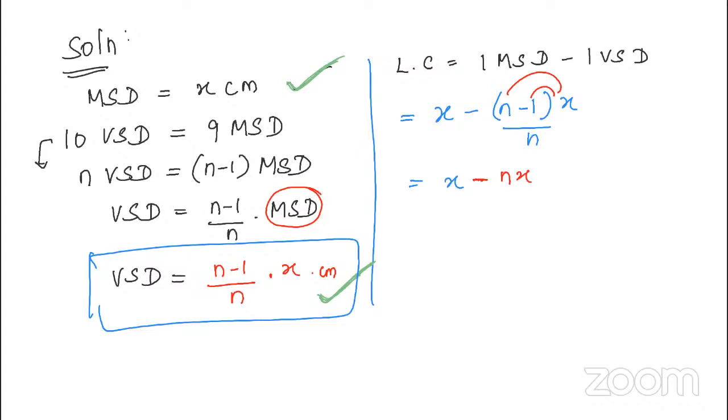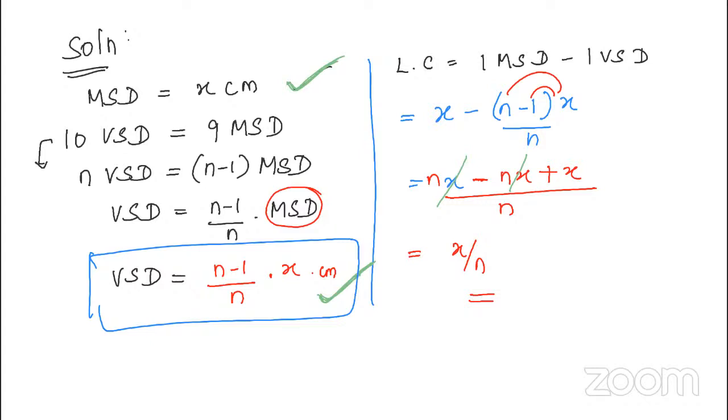So here nx plus x, the whole divided by n. We have to add one n here. The next step, we cancel the common values, so finally we get x by n. This is the correct one.